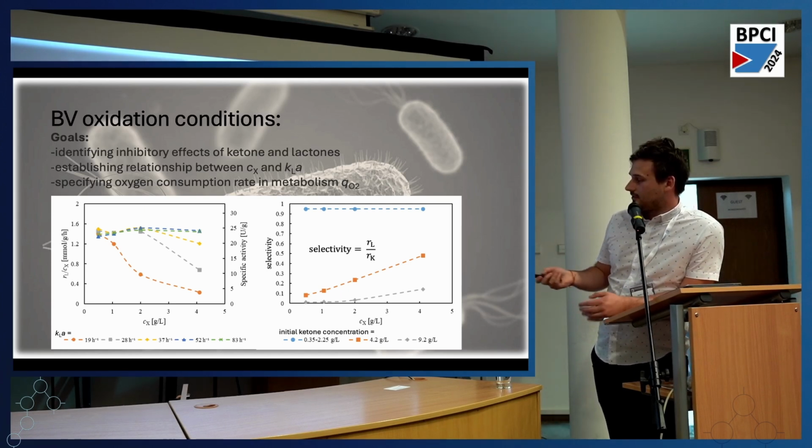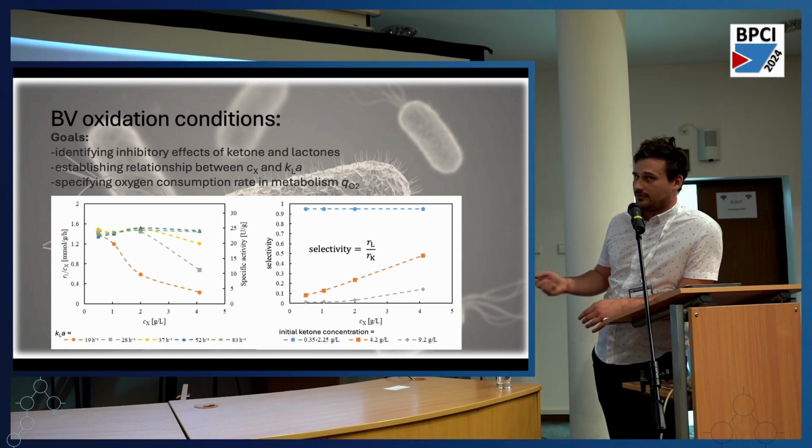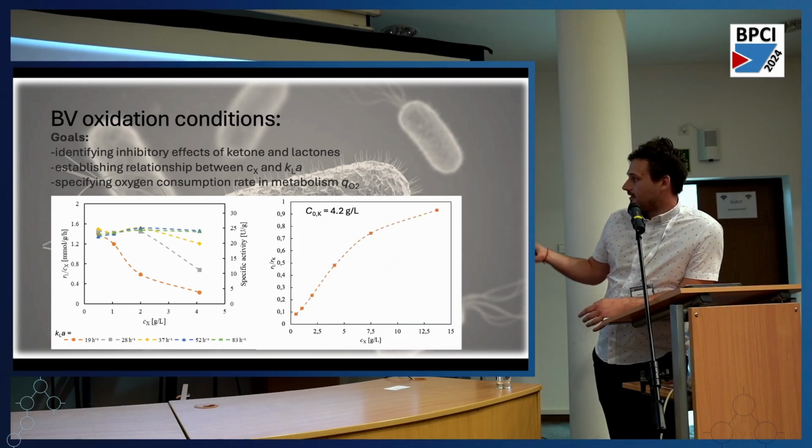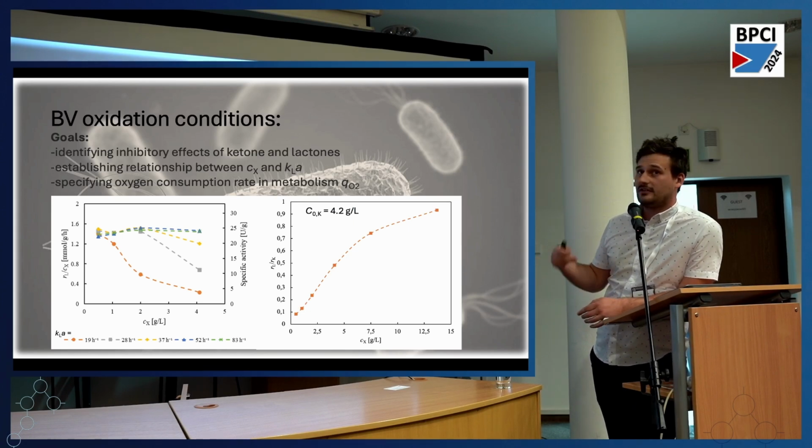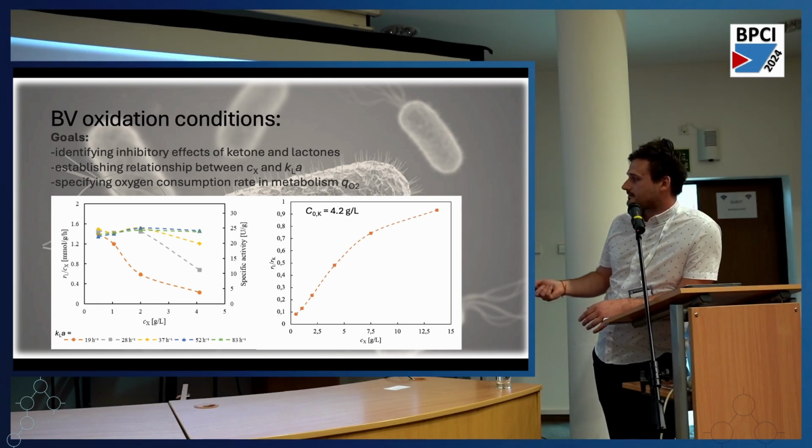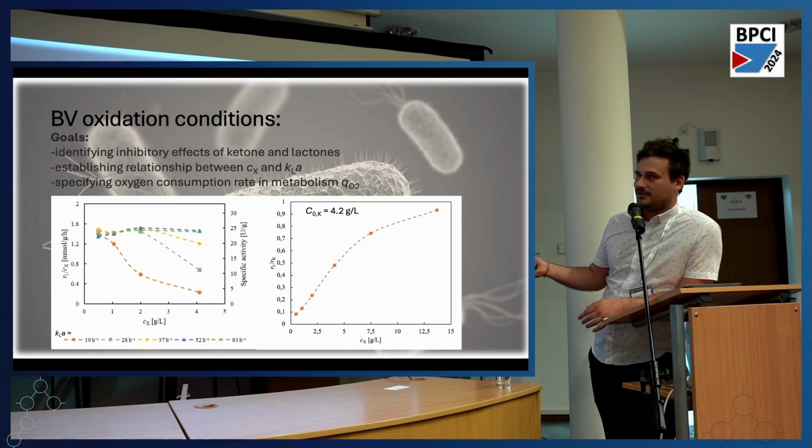But as you can also see, this trend is clear with respect to biocatalyst concentration, so we conducted 2 additional experiments, certainly with an adequate, corresponding kLa value, so that we have no oxygen limitation. And this trend was confirmed, where we achieved nearly 93% selectivity.